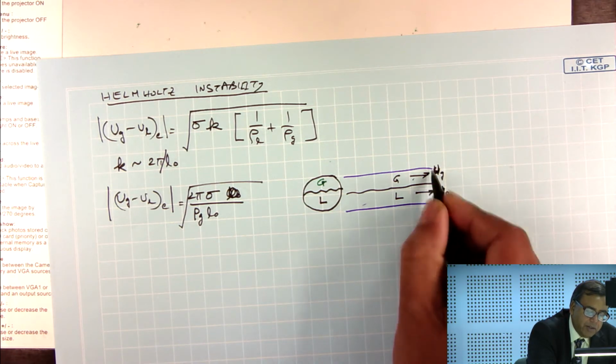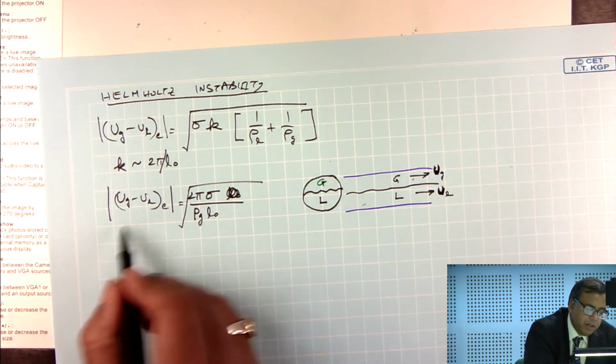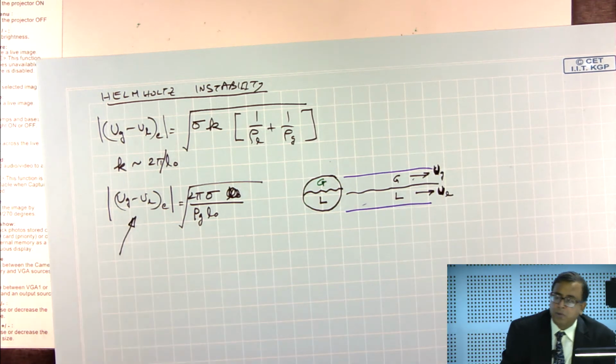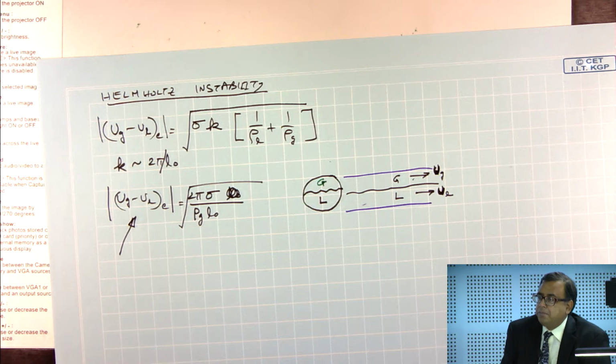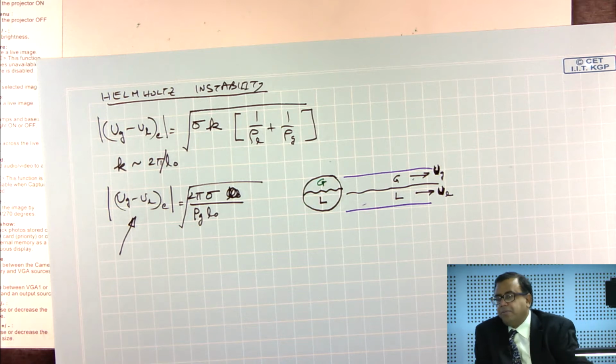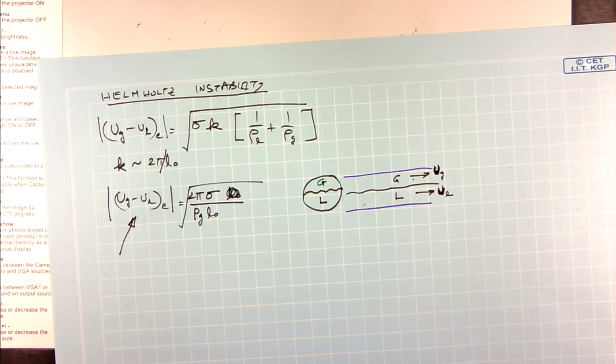And if the difference in the velocity of the two phases exceeds this critical value, what will happen? What do you think is going to happen from an instability point of view?